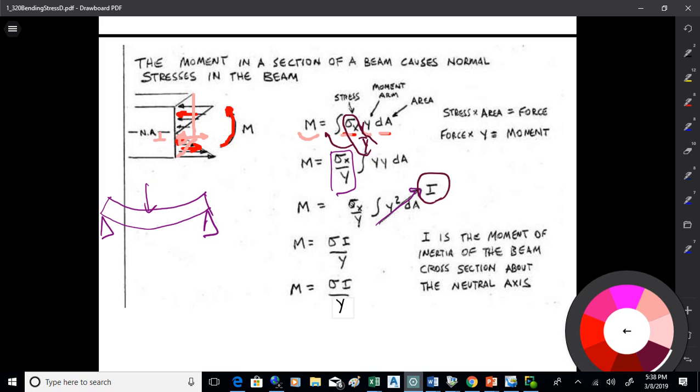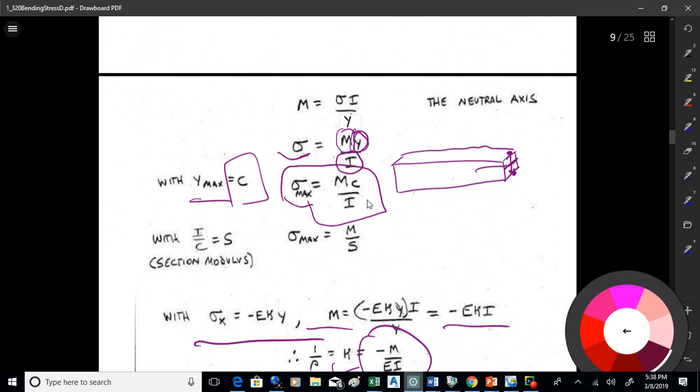All right. Now, this moment is this couple right here, but it's also the moment off the moment diagram, see? So we can get this M from the moment diagram. So what we can do then is rearrange that equation and solve it for sigma, the normal stress.